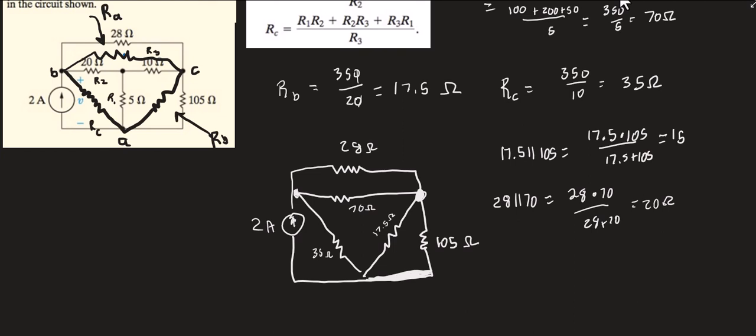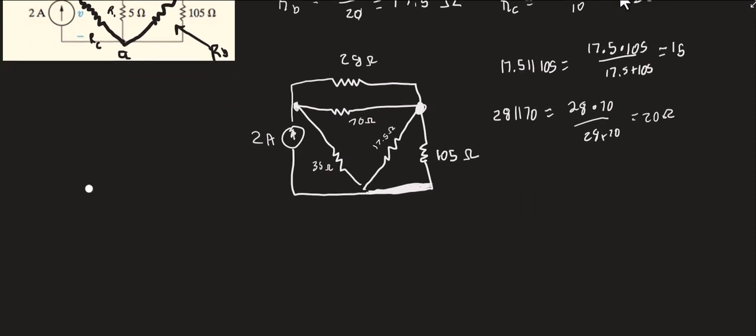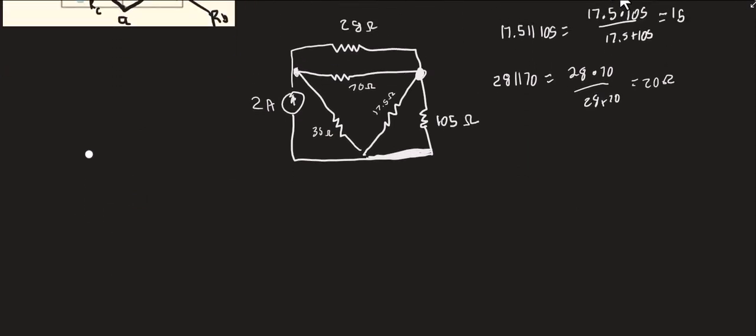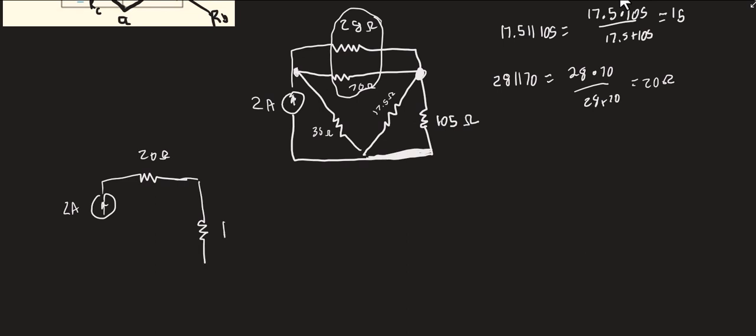And now I can redraw this. So that's 2 amps. That one was a 20 ohm resistor, and that took the place of these two. This is a 15 ohm resistor, and that took the place of these two.